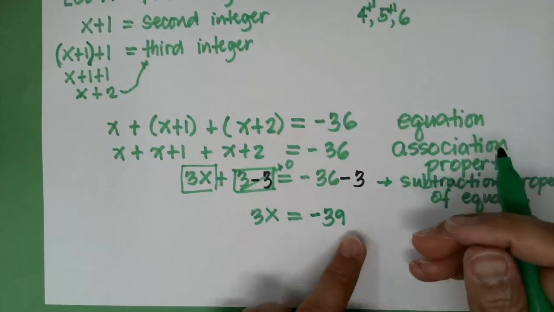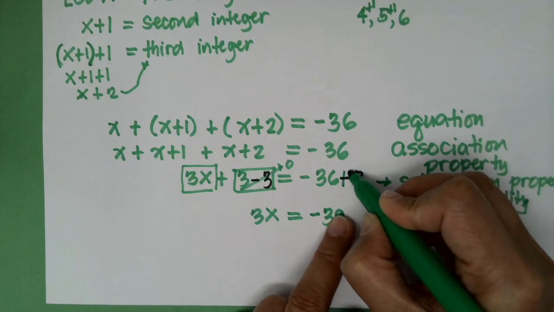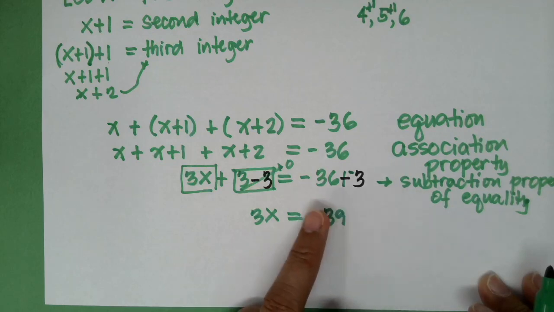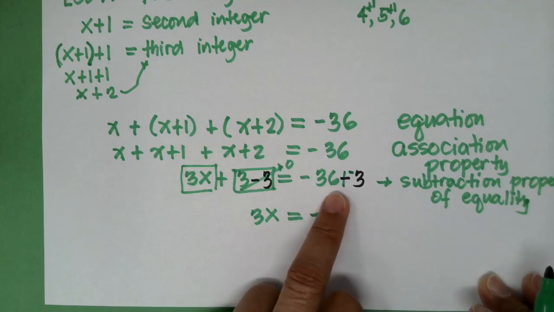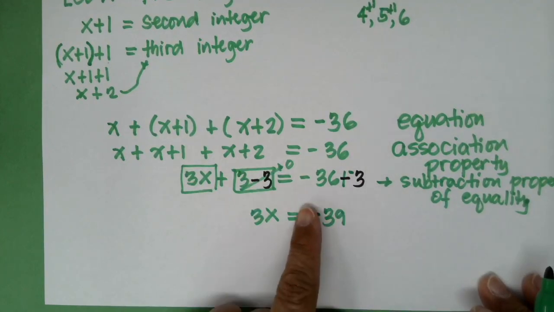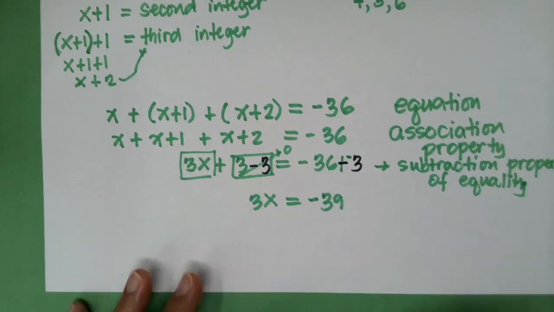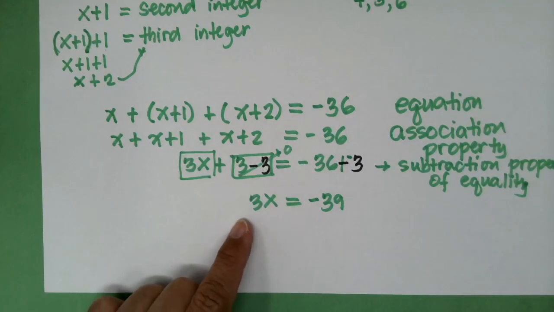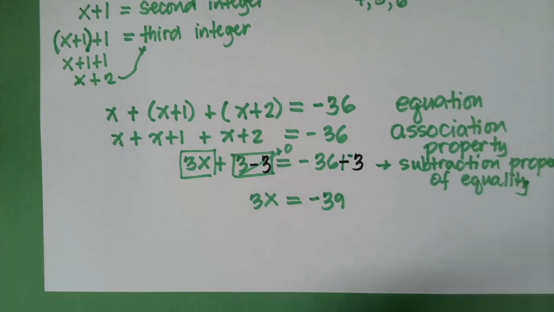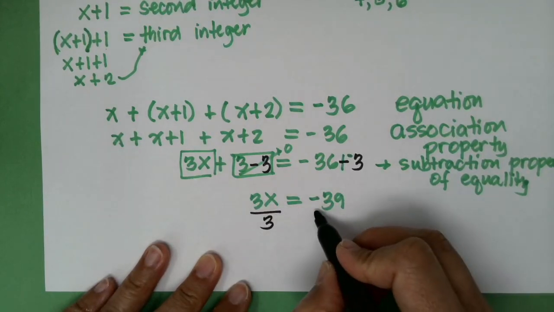Well, when you subtract a number, that's the same as adding the opposite. So negative 36 minus 3 is just the same as negative 36 plus negative 3. So negative plus negative, just simply add these two negative numbers, so you get negative 39. So now you have x multiplied to 3. So divide both sides of the equation by 3, the number multiplied to x.